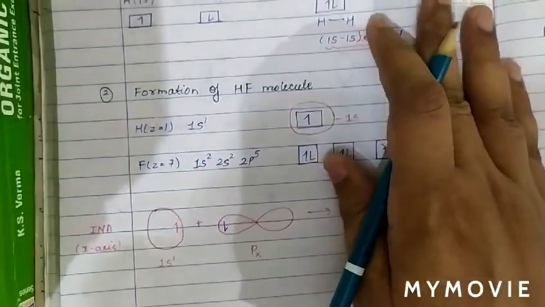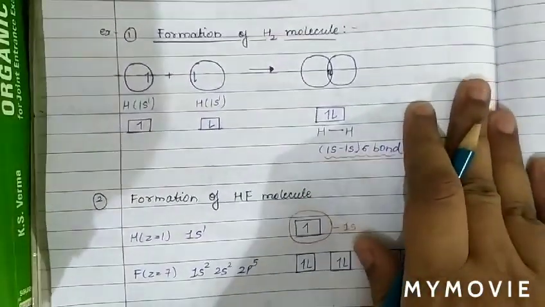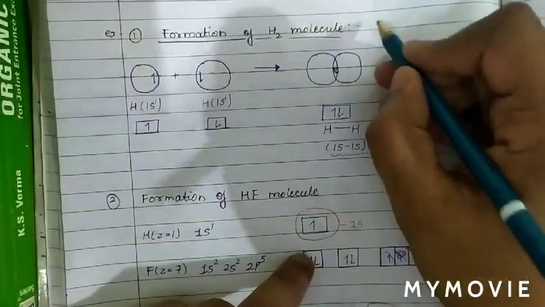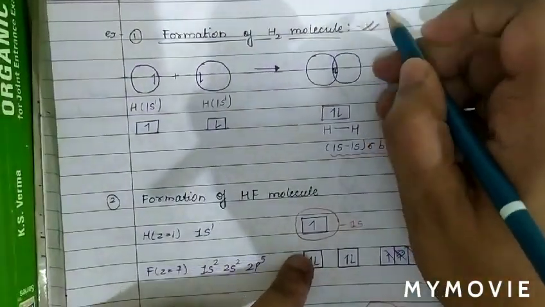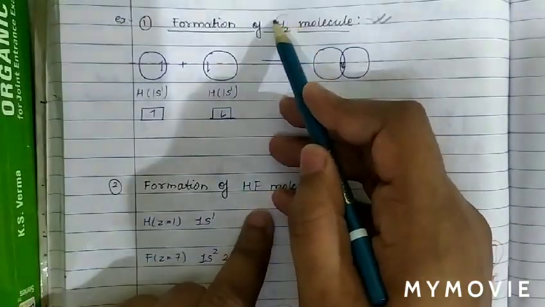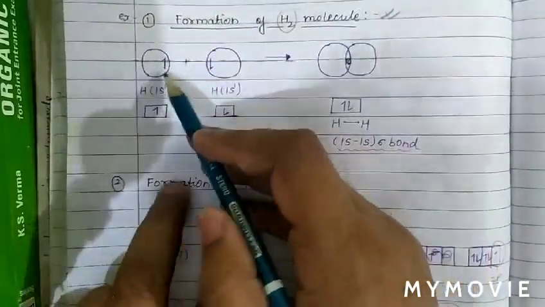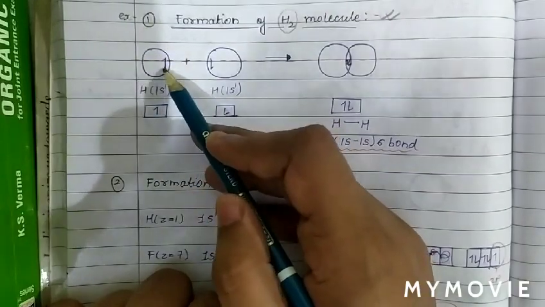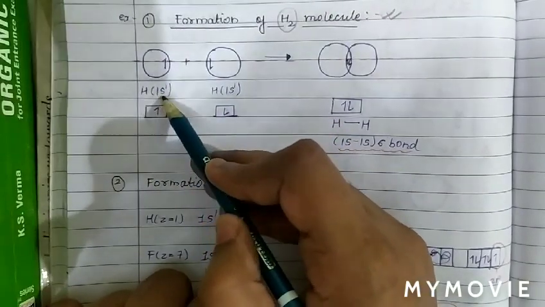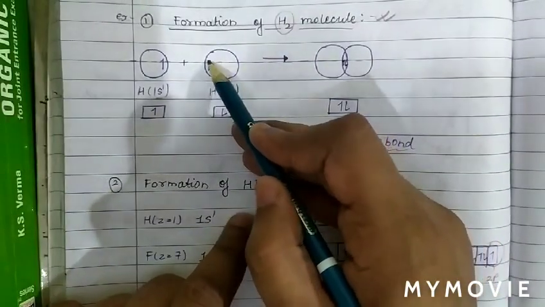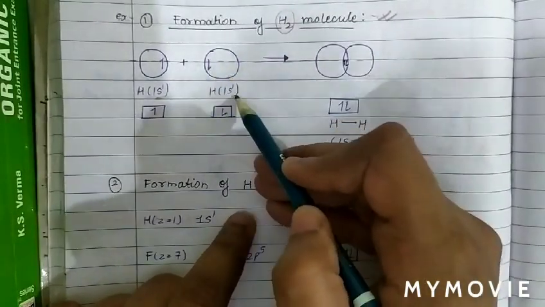Now according to VBT, we will discuss formation of some molecules. First we are going to discuss formation of H2 molecule. In H2 molecule, two hydrogen atoms are joined together by sigma bond. This is the hydrogen atom having one unpaired electron, so the configuration is 1s1. Another hydrogen atom approaches with an electron of opposite spin, 1s1.